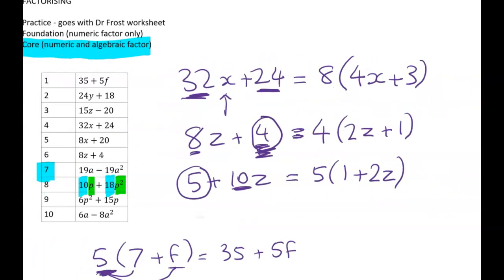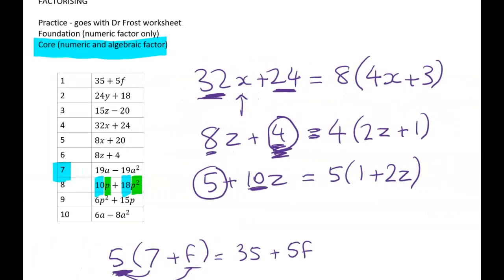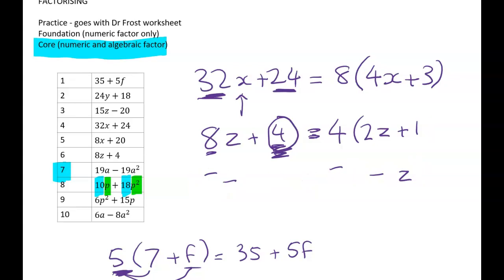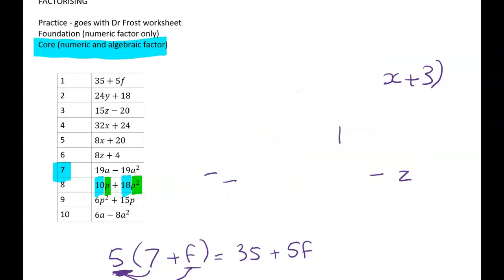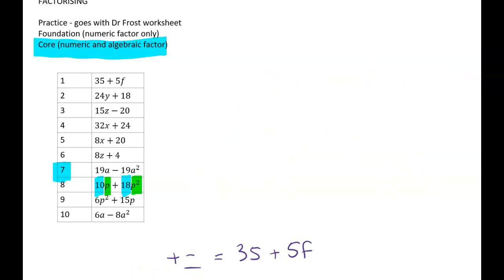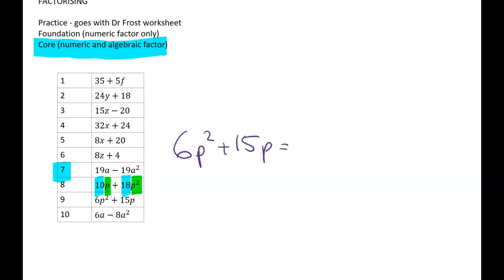Okay, I think I've got 3 left. Oh no, 2 left. I'll use some of the space. So 6p squared plus 15p. So just before I do it, think about the 2 steps I'm going to use to do this. The first thing I'm going to do is look at my numbers and look for what I call the numeric common factor. So I want the highest common factor out of 6 and 15, and it's going to be 3.